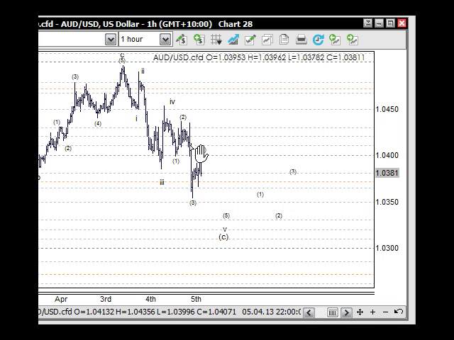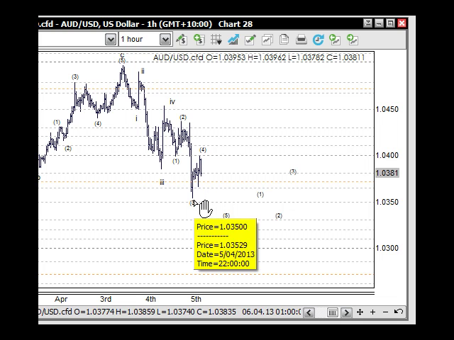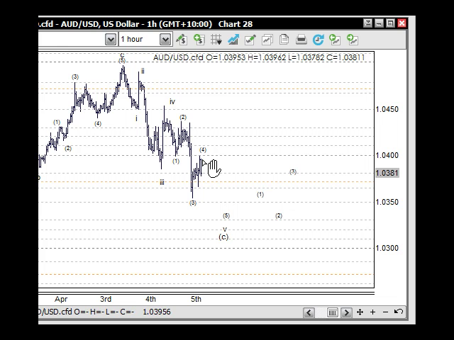This strong move down through here is in a little 5 wave structure down through to here, so that could be wave 5 here, of the C wave, so that could be the low there. And if that was the case, then we would need to see support on top of 104, and then you could scale in on 104.10 here and then continue to build it up that way.